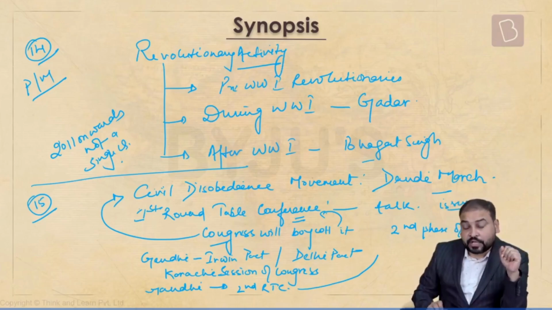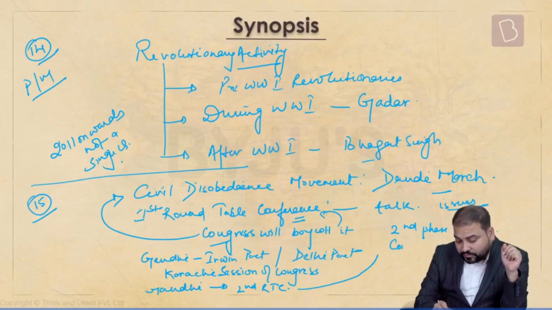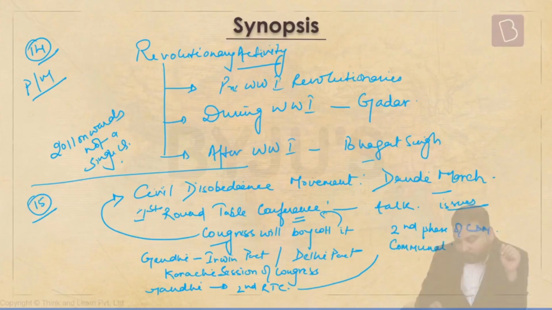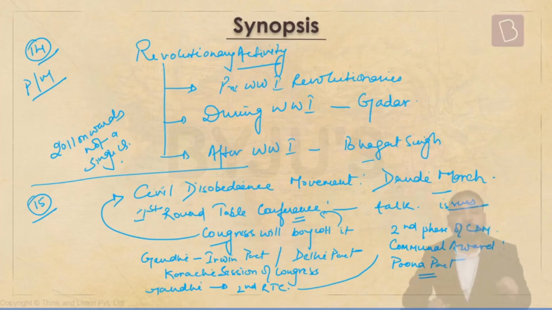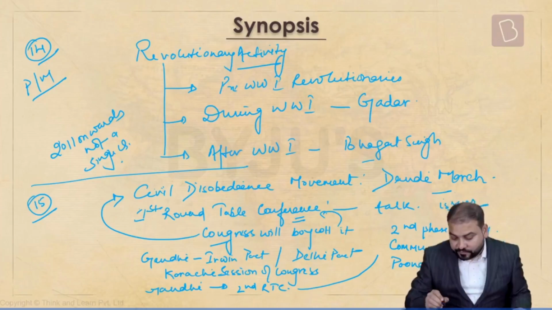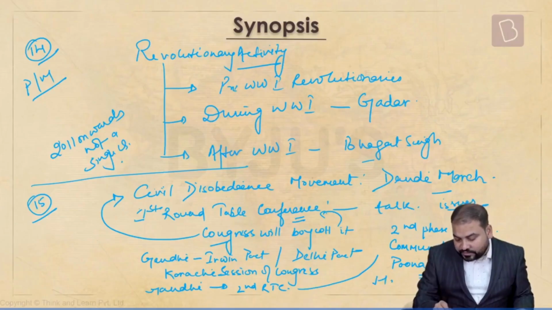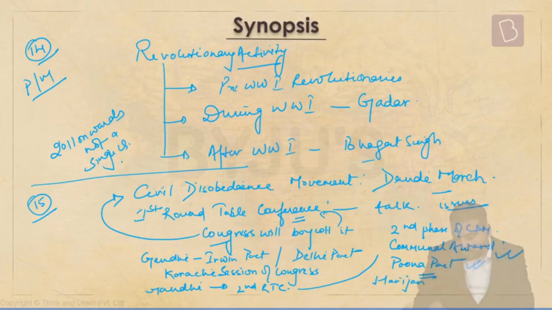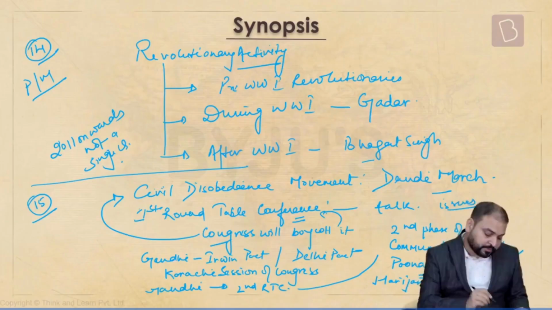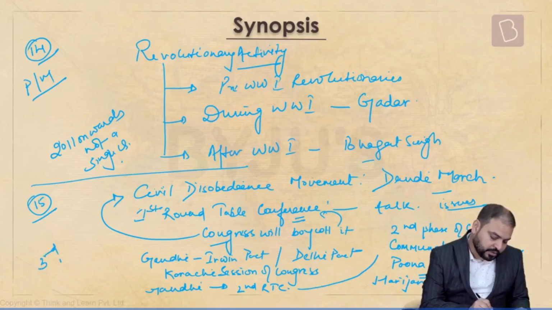In the meantime, the government will announce something which is called your Communal Award, which will finally end with a pact between Mr. Gandhi and Babasaheb Bhimrao Ambedkar. We'll study the Poona Pact and also the Communal Award. Here only we shall see Gandhiji's Harijan campaign and a very small topic, the third RTC.